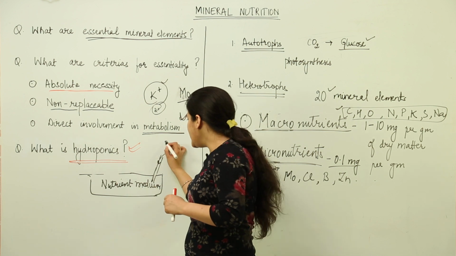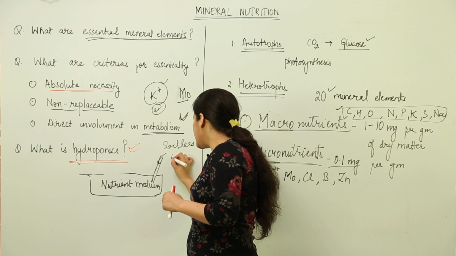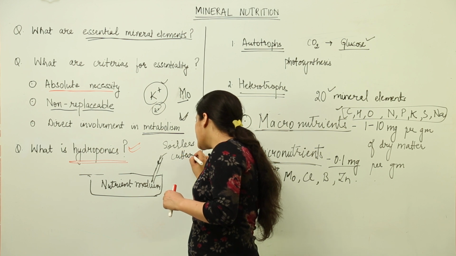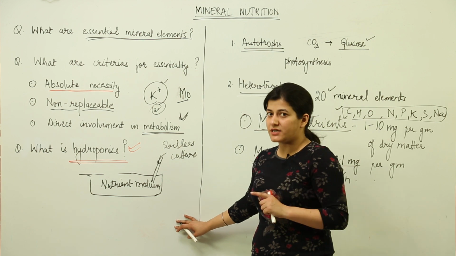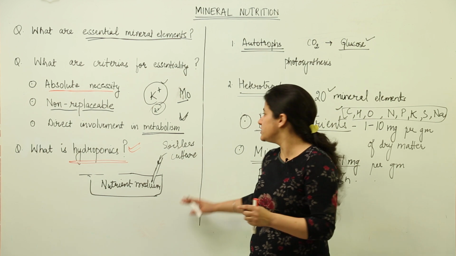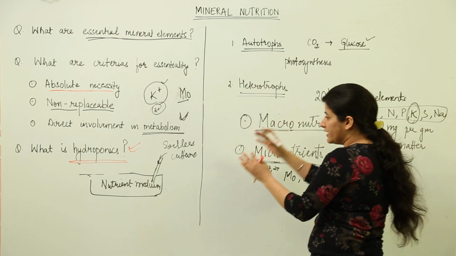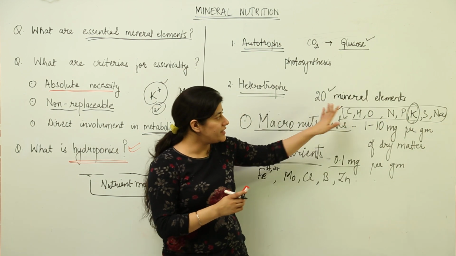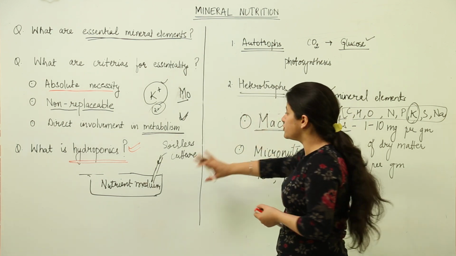Hydroponics is soil-less culture where the plant is grown not in soil but in a nutrient medium which will have all the nutrients except the one which is to be studied. Suppose I have to see the deficiency symptoms of potassium. So I'll take a nutrient medium with all the 20 mineral elements, but I'll make sure that potassium is not present there.